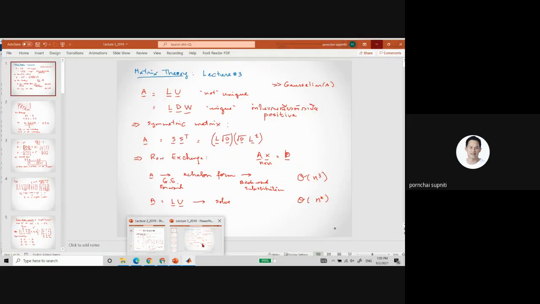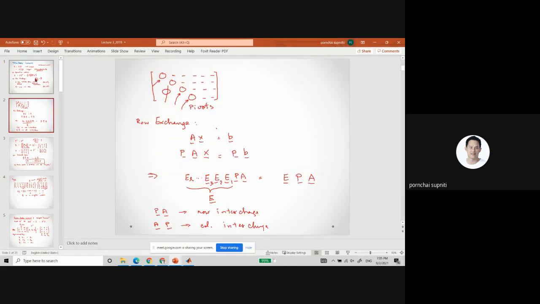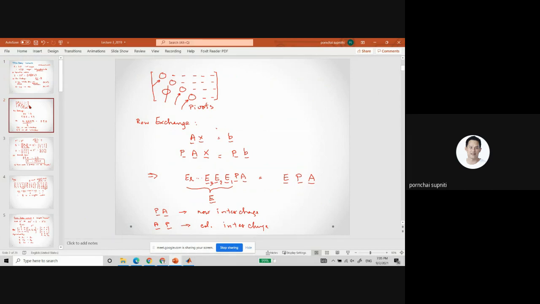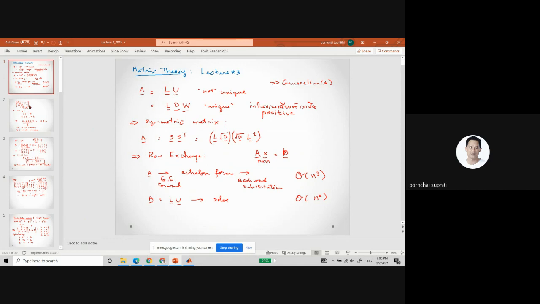Okay. So next time we will come back and continue and do more decomposition of A. We'll do a lot of decomposition of matrices because it's very useful and helpful. Another useful approach like this we'll talk about next time.